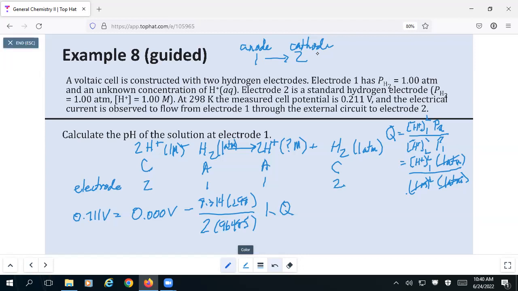So solving for the natural log of Q, since this term is 0, we can just move it out of the way.